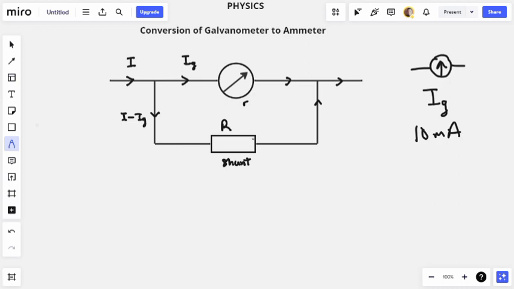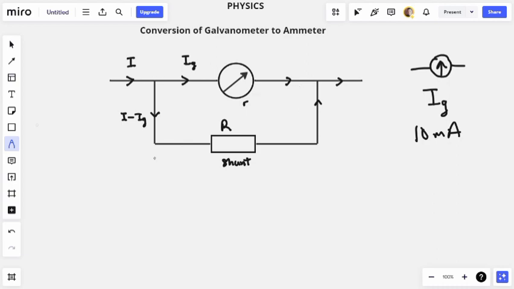So now, to design the range of current you want the galvanometer to measure as an ammeter, we need to know the value of the resistor we connect to it in parallel.